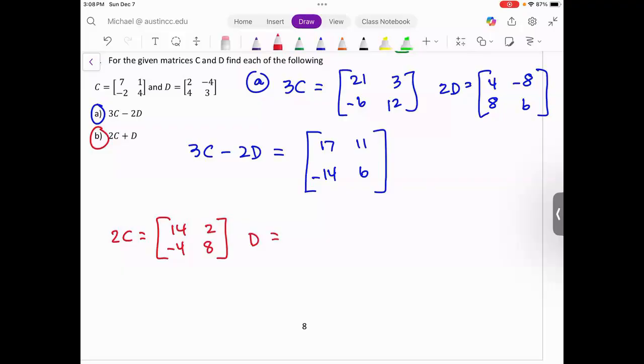And d is just going to stay the same. Okay, so now we want 2c plus d. Just add those elements. So it's going to be 14 plus 2, 16. 2 plus -4 would be a -2. A -4 plus 4 is going to be 0. And then 8 plus 3 is 11.